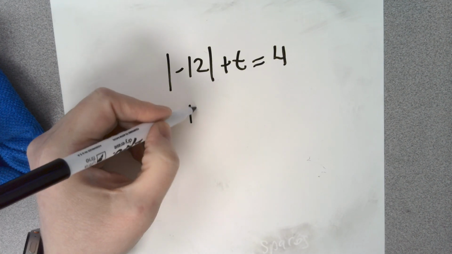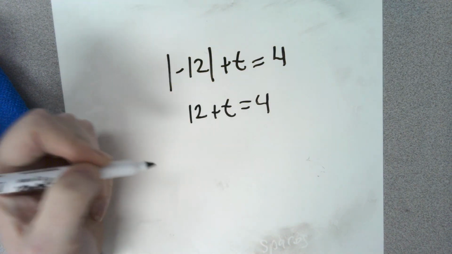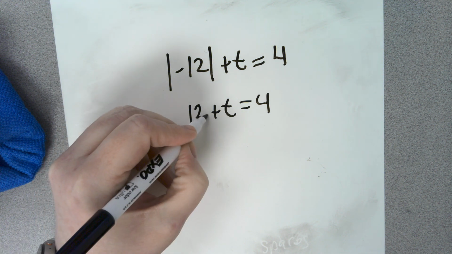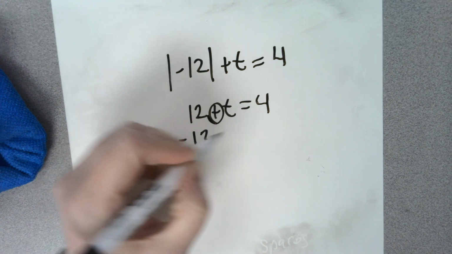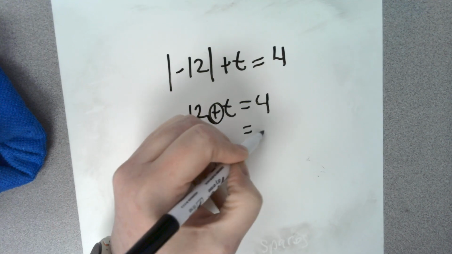So it becomes 12 spaces plus t equals 4. And then you got to get rid of the 12. So if you add, you subtract. It's always you do the opposite of whatever's in the equation. And you got to do it on both sides.